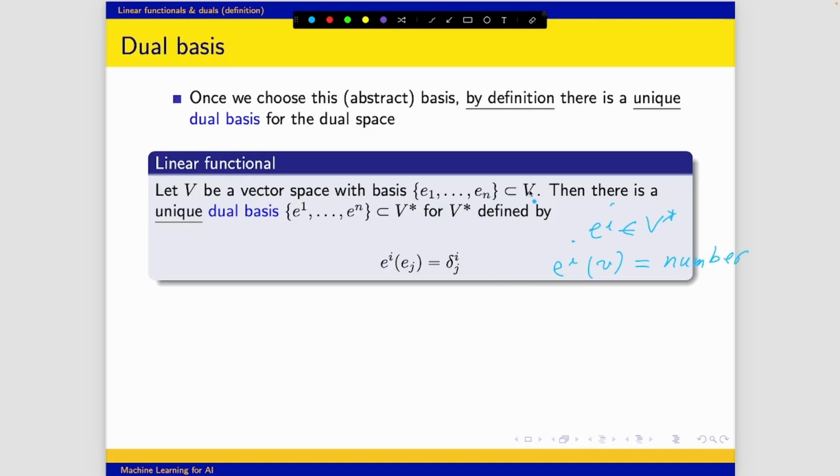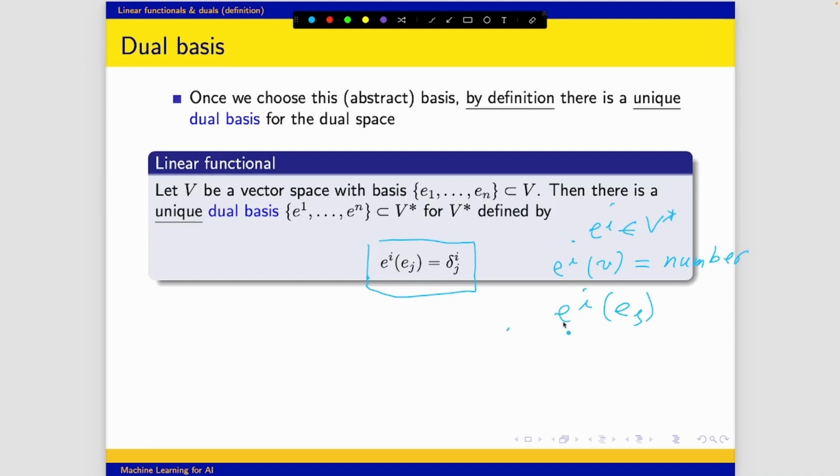These are vectors in V. So we can ask, what is this for the jth one? So for the ith basis vector in the dual space, what do we get when we act on the jth basis vector in here? We can ask that question. And we define, this is the important thing, we define these basis vectors. This is our choice. We are going to define these by this action.